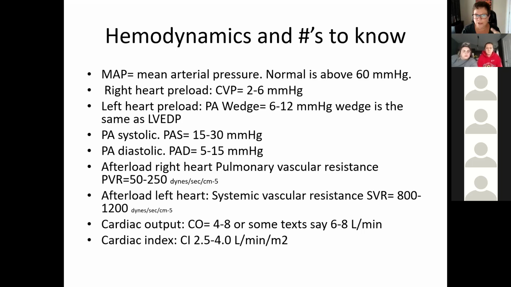When I look at volume in the left heart, I look at my wedge and I measure this with a pulmonary artery catheter, and it's 6 to 12, although we're happy if it's basically below 16-ish. But please know that a left heart preload, also called a wedge, is the same as what we measure on a cath, LVEDP, left ventricular end diastolic pressure.